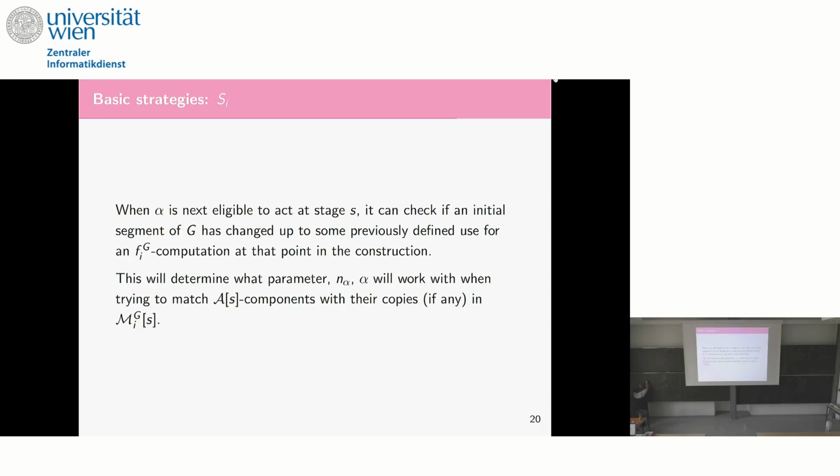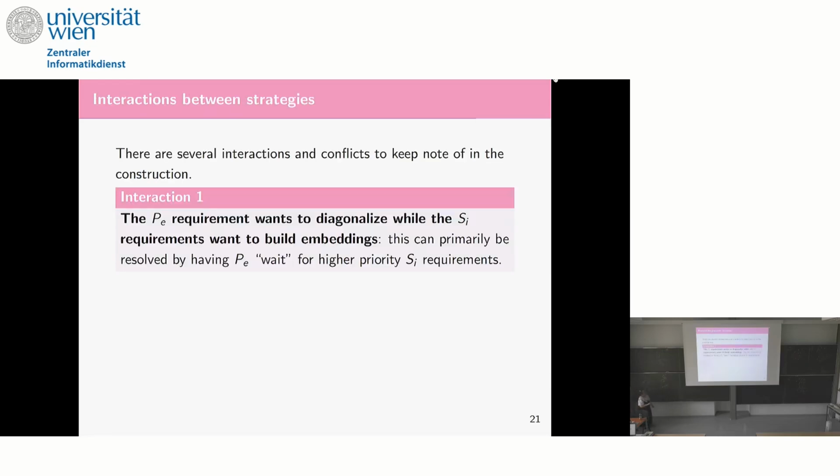So maybe for some reason this was picked to be part of some diagonalization strategy. So that's another interaction that can happen: while S builds these isomorphisms, those P requirements are adding loops and maybe messing up the progress of S requirements. That's the first interaction I want to point out.